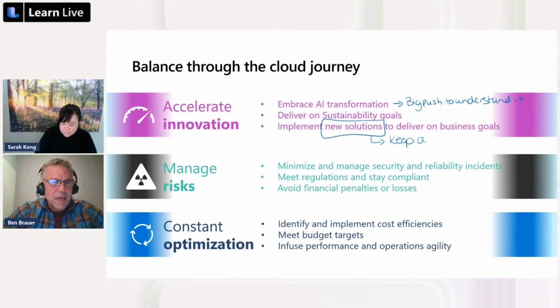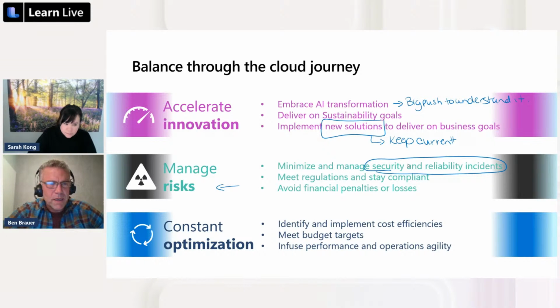Managing risks, that's an ongoing issue that will never go away. You always have to be thinking about minimizing and managing your security and reliability incidents. Those are some of the most expensive sorts of IT mishaps, if you will. Not just in terms of the cost of the incident itself, but you could have brand erosion, or you could have applications that are mission critical.